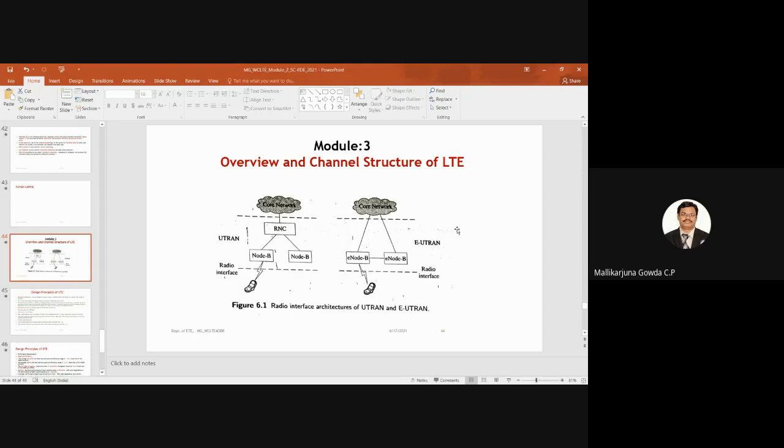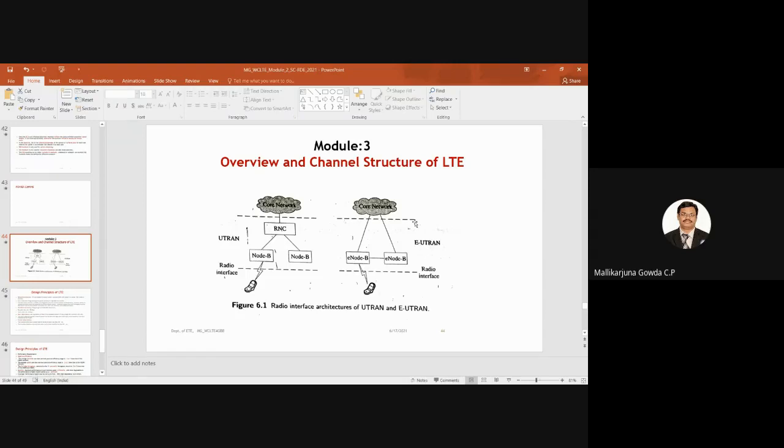So basically LTE is a packet switched network, and the low latency in LTE is achieved because of the flat network architecture, with a reduced number of network elements. It is also possible to have a sophisticated quality of service architecture that has allowed the network to emulate the circuit switched connection.